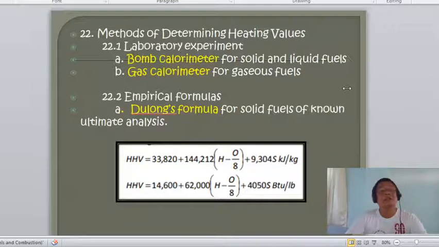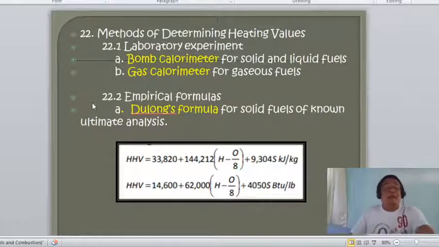This is an empirical formula used for determining the heating value from the ultimate analysis of fuel. So take note, higher heating value, okay, higher heating value is 33,820. So take note, this 33,820 is the heating value of pure carbon.